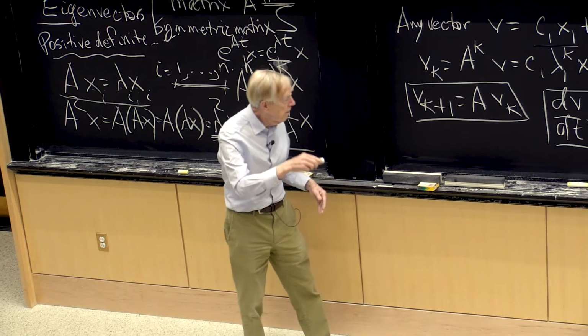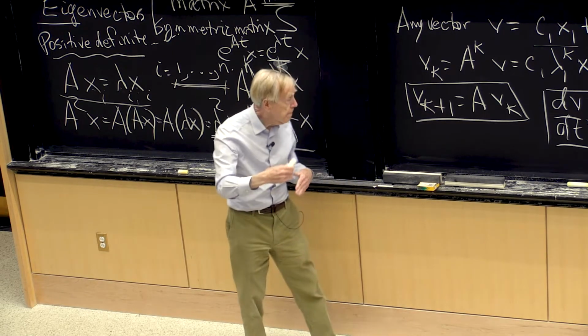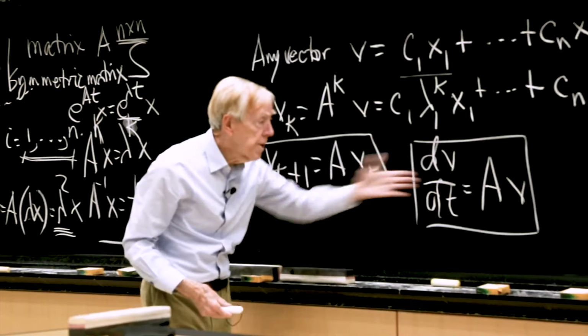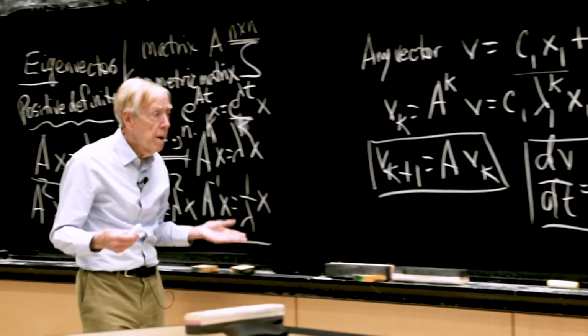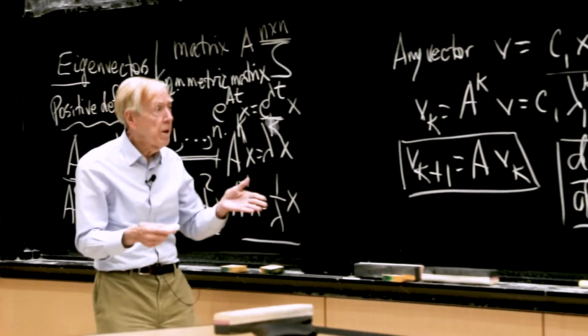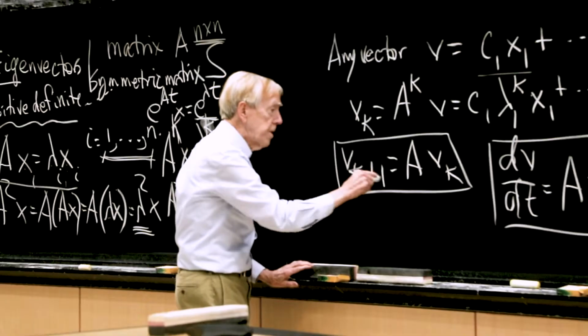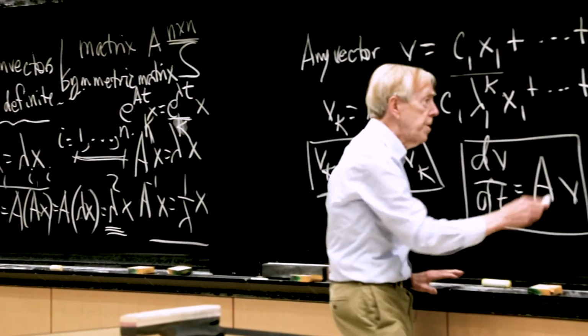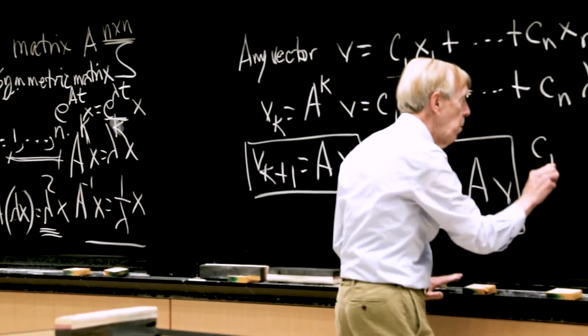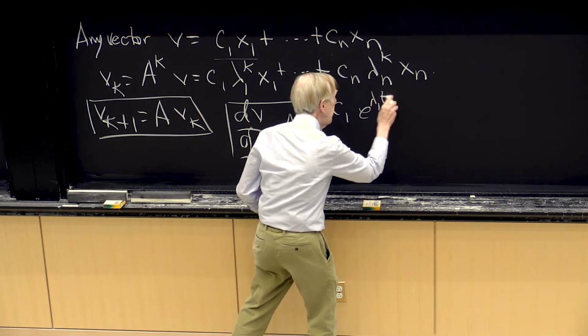Solution to discrete steps or continuous time evolution is trivial if I know the eigenvectors, because here's the solution to this one, and the solution to this one is the same thing, c1 e to the lambda 1 t x1.